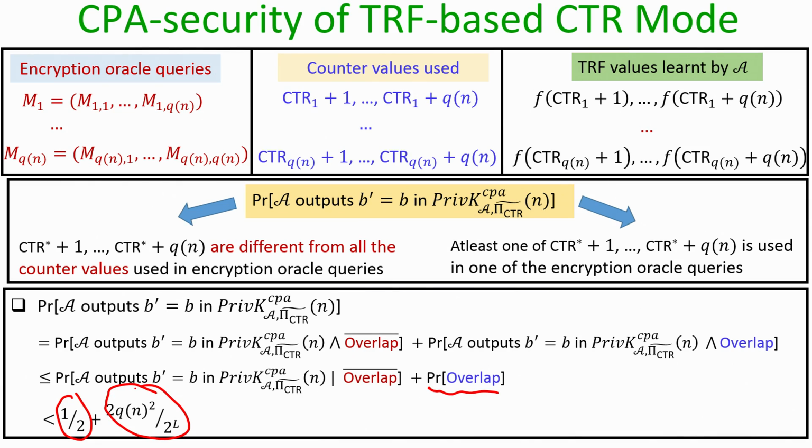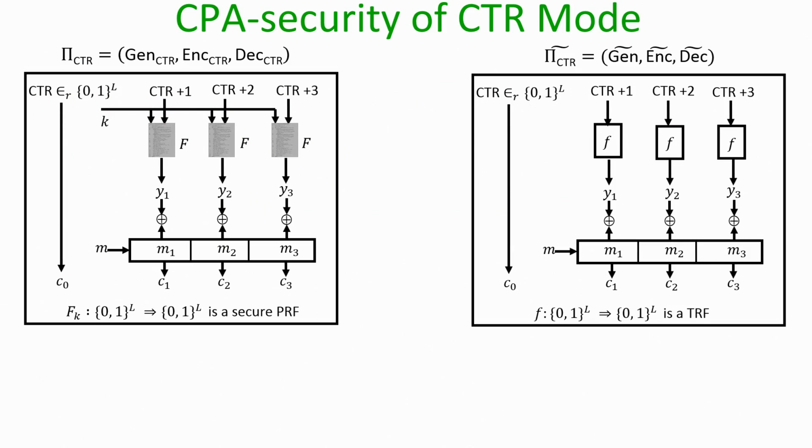So, that is the maximum probability with which our adversary can win the CPA game against a truly random function based CTR mode of operation.